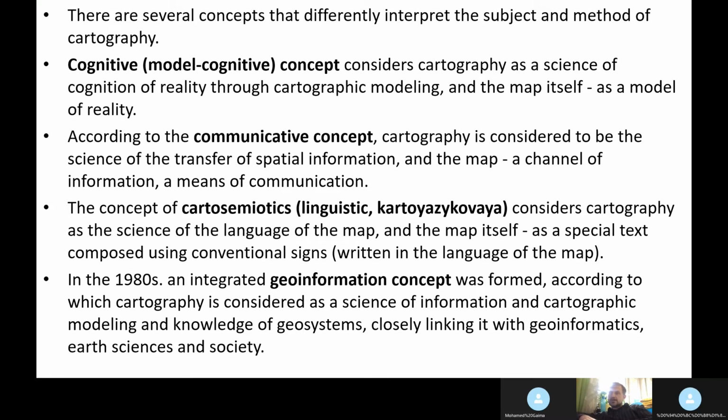The map also is a kind of text, and another concept, a concept of cartosemiotics or linguistic concept, considers cartography as a science of the language of the map, and the map itself as a special text composed using conventional signs written in the language of the map.